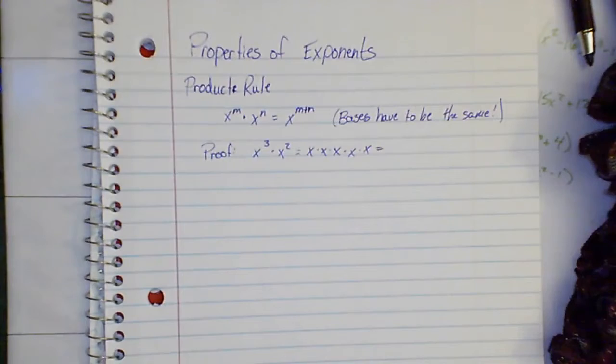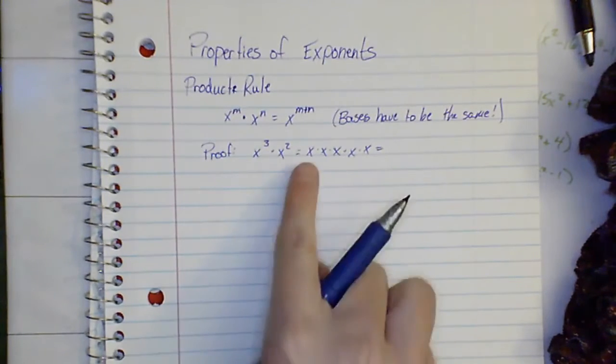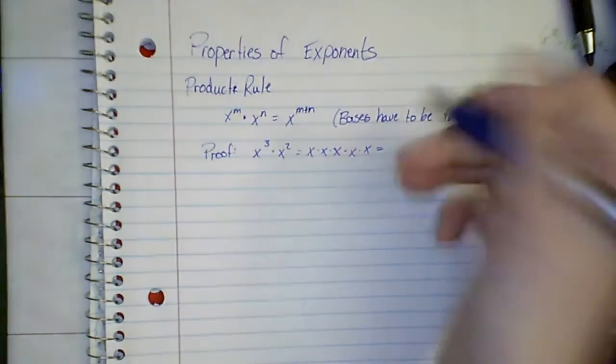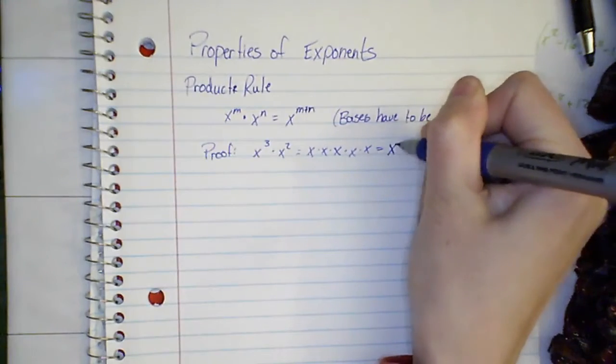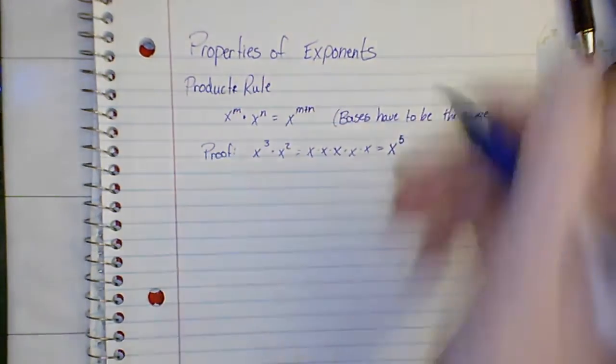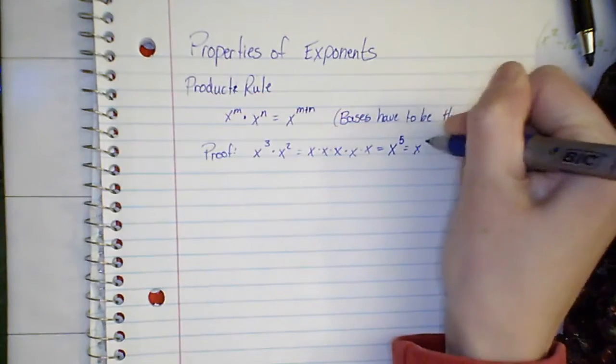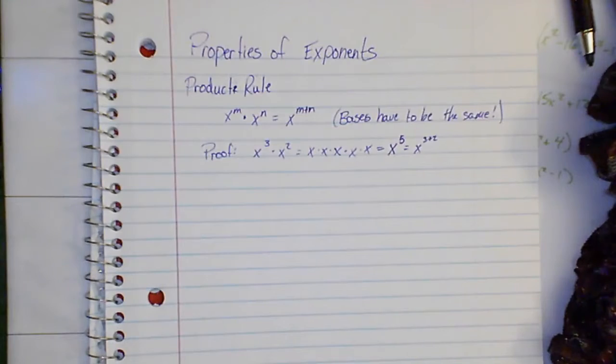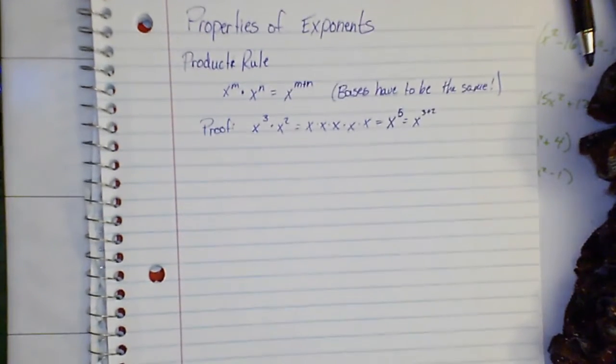Using the definition of exponents again, we have 5 x's being multiplied together. We can write it as base x to the 5th power. Or, as you can see, we could have just simply added the powers together.